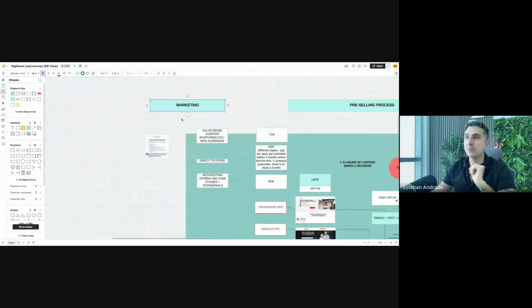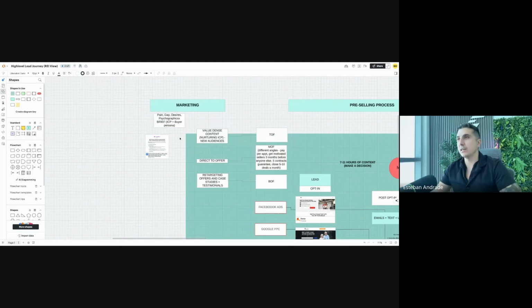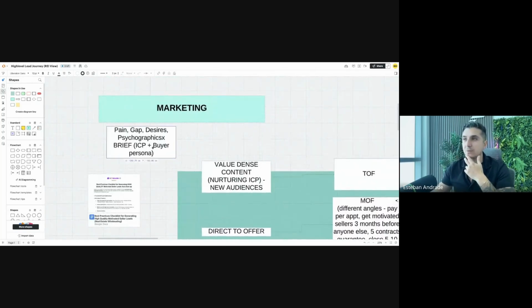Ultimately, you want to be able to create something called the brief, all right? So once you have the pain, the gap, the desires, once you understand the psychographics of these people, challenges and so on, you ultimately create something called the brief. Every company should have a brief. And the brief talks about the ICP and the buyer persona, like who's gonna buy your product and essentially who's going to sell you the house, right?